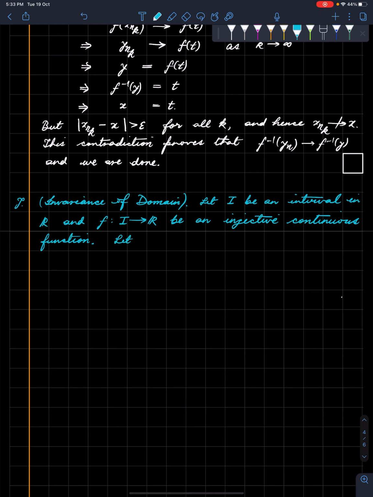Let J be the image of I under f, and then the claim is that f inverse going from J to I is also continuous.